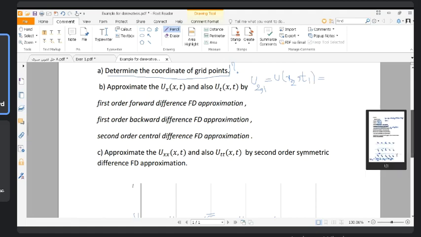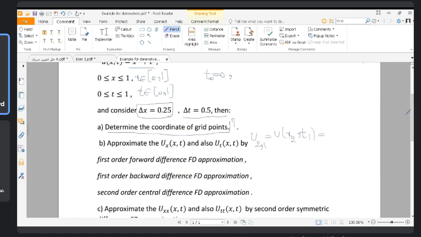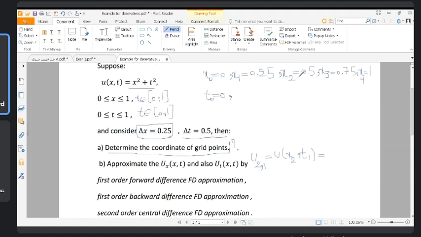We have x2 equals 0.5, t1 equal to 0.5, and t2 equal to 1.